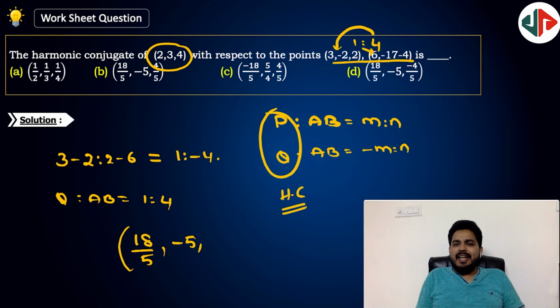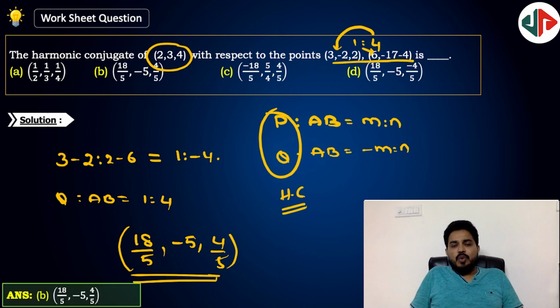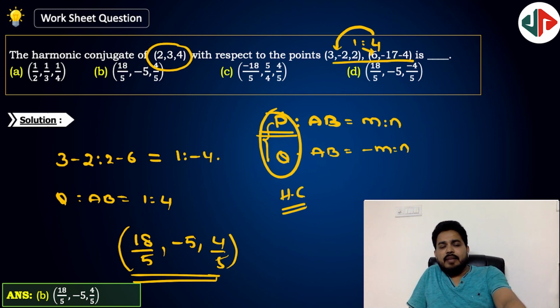Next one, 8 minus 4, 4 by 5 is the answer. So you should know the meaning of harmonic conjugate. P and Q are harmonic conjugates: both are dividing AB in the same ratio, but one internally, one externally.